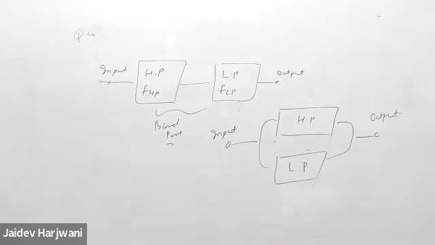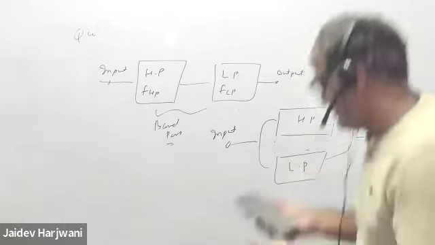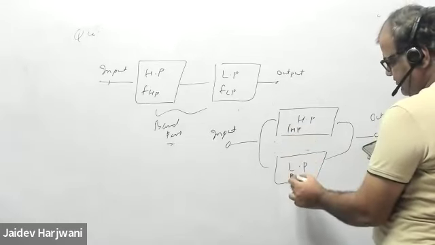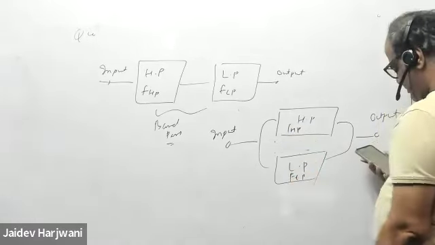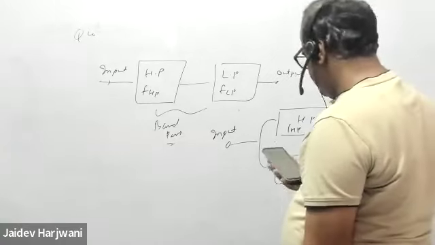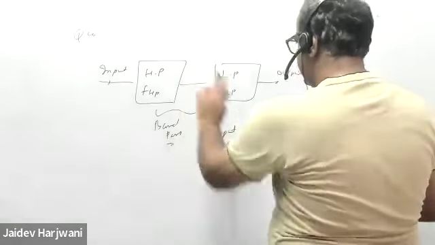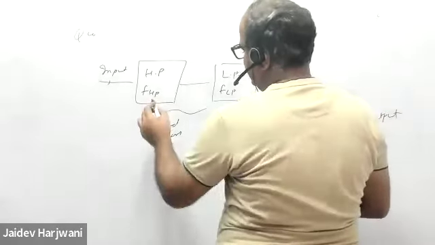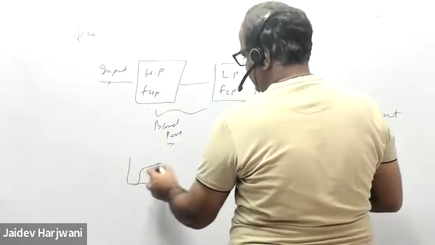So if any relation is given between FHP and FLP, say FHP is less than FLP, now this is band pass. Here this is high pass and this is a low pass.